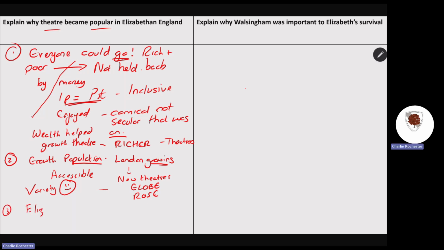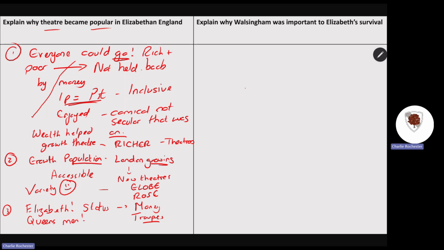The theatre also became very popular because of Elizabeth. Elizabeth very much raised the status of the theatre by providing money for troupes, and troupes were groups of travelling actors that would put on shows, groups such as the Queen's Men.